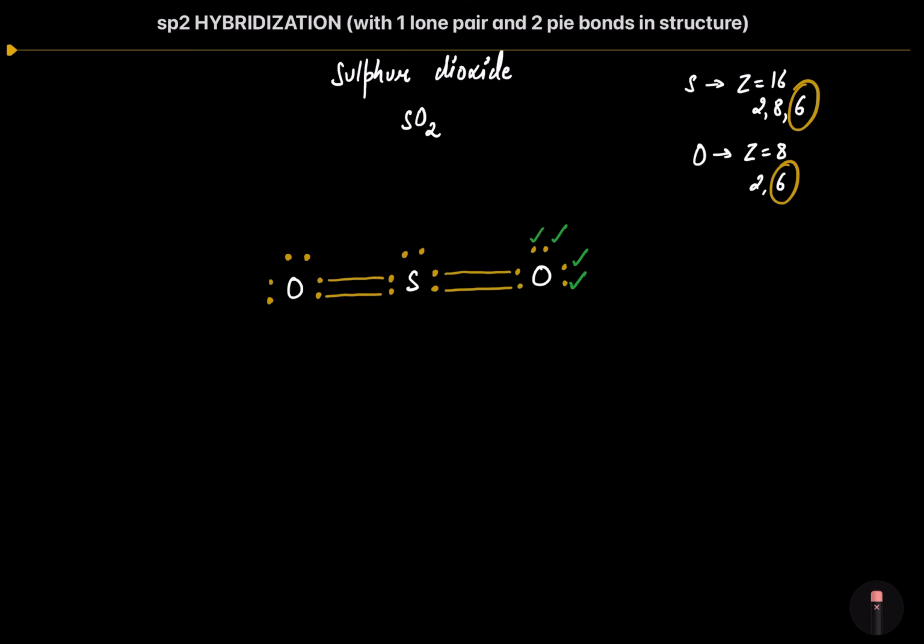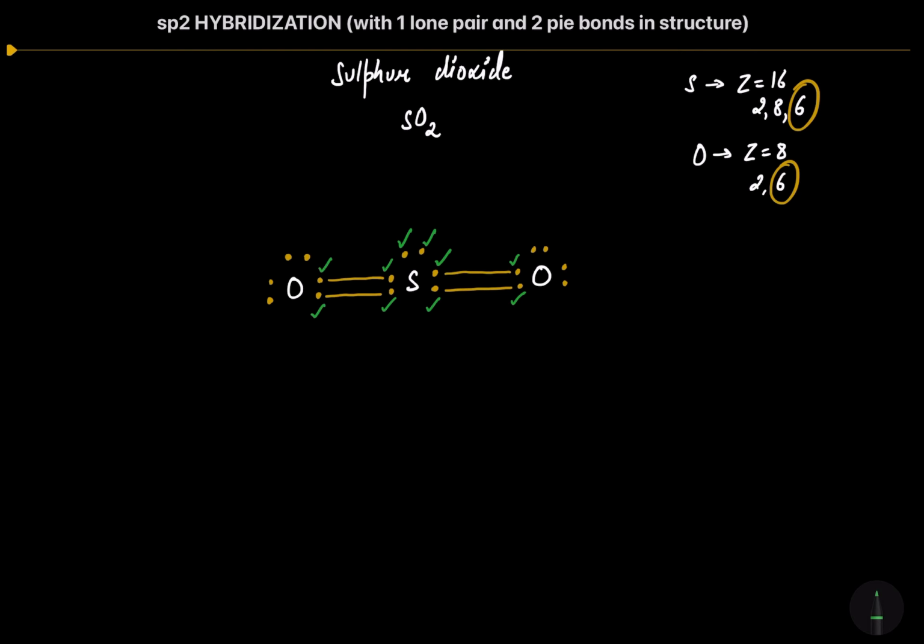Now let's count the valence electrons for sulfur after the formation of 4 bonds with 2 oxygen atoms: first, second, third, fourth, fifth, sixth, seventh, eighth, ninth and tenth.